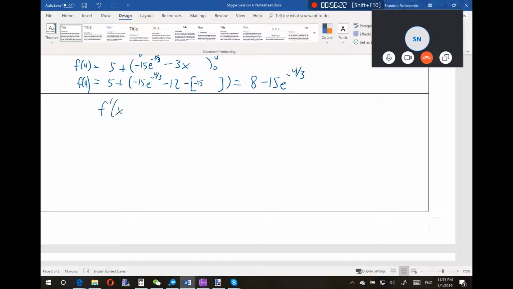f prime of x was greater than 0 on the intervals -4 is less than x is less than -2, and -2 is less than x is less than 3 ln 5/3.